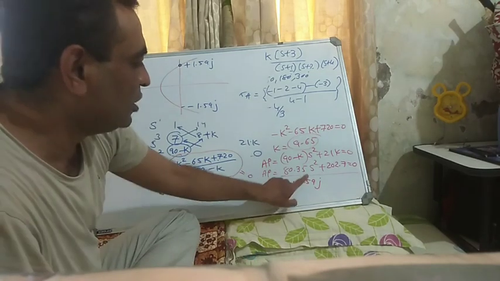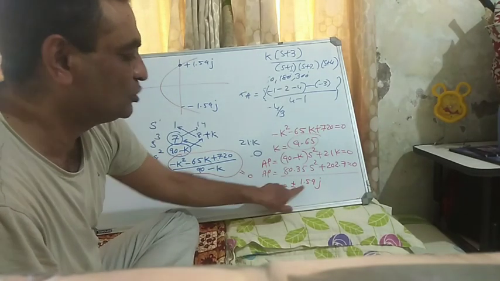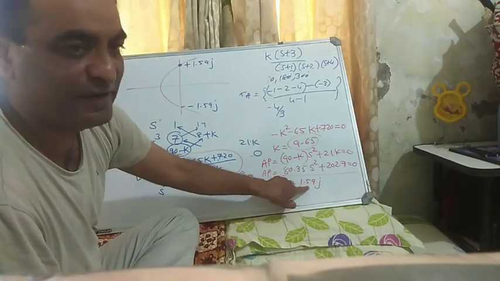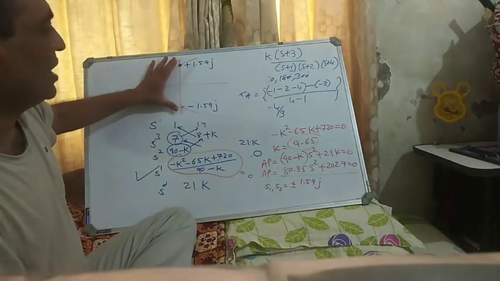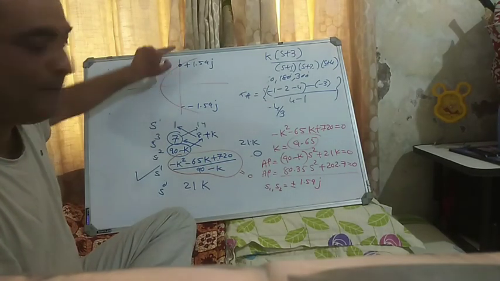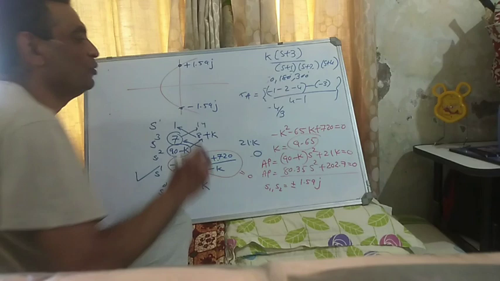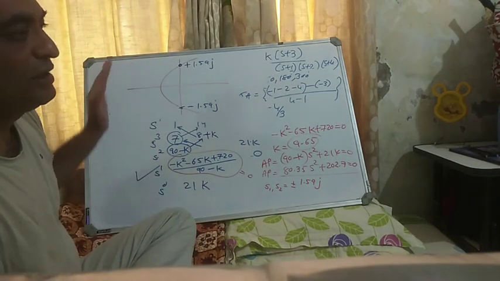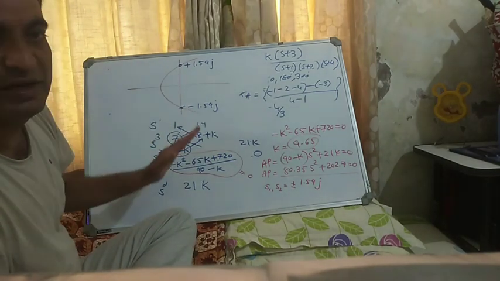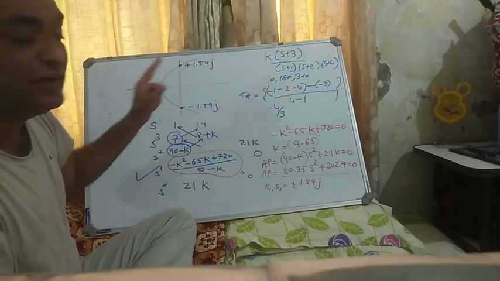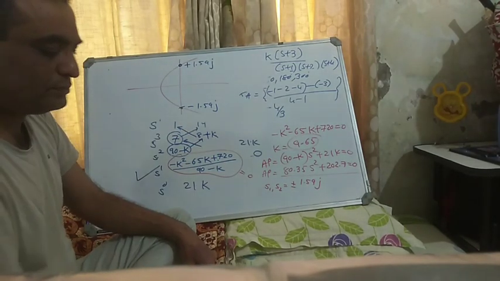The solution of the auxiliary polynomial, that is two roots plus minus 1.59j, are the closed loop poles which are on the imaginary axis. So this is how you can find when the root locus will cross the imaginary axis, at what point. You can find the value of k also from that.